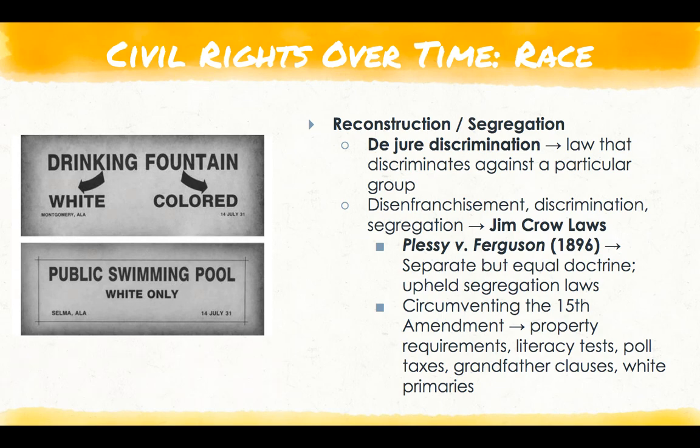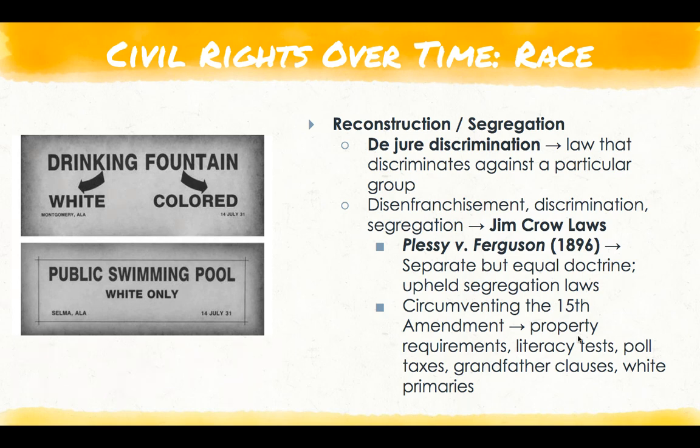The South is going to believe, mostly the South, that disenfranchising the Black voter is going to return them to second-class citizens. And these Jim Crow laws that got them around that 15th Amendment were loopholes that didn't necessarily violate the 15th Amendment, but simply made it very, very hard for them to vote.